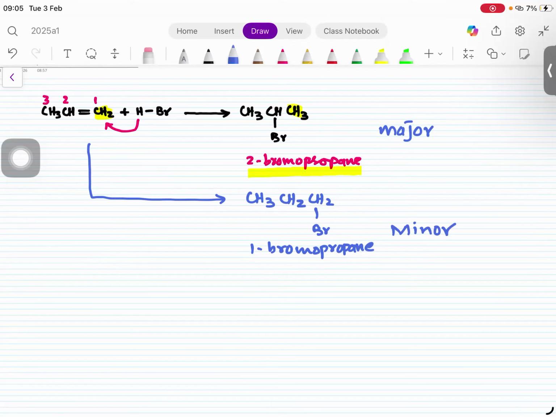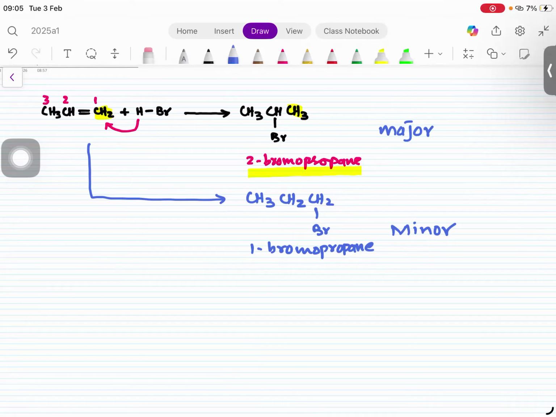Let's say, for the sake of argument, 90% is the one and 10% is the other, or even more than 90%. So there is a big difference between them, right? And this was first figured out by Markovnikov. So that's why we also call it Markovnikov addition.